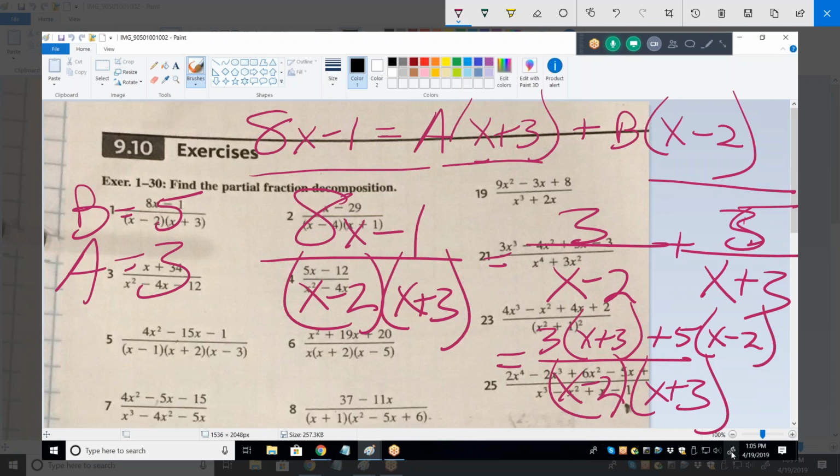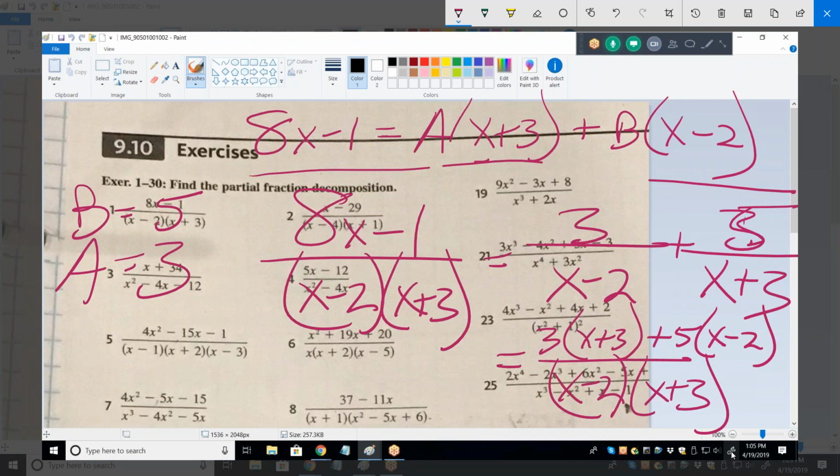You with me? If you do that multiplication, you end up with 8x minus 1 in the numerator.